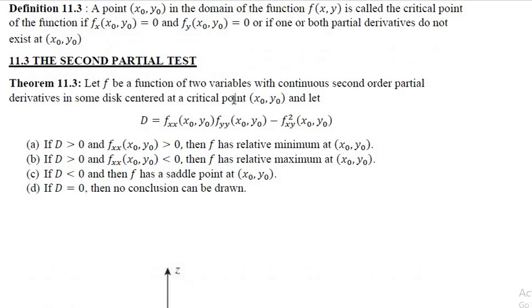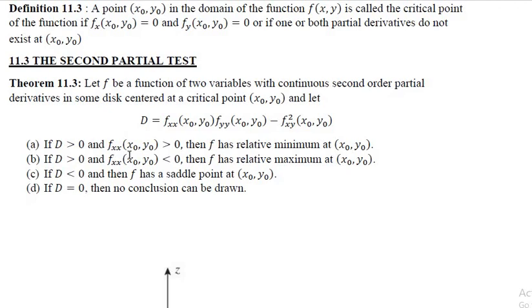For finding the relative extrema of functions, we are using the second partials test. It states that, let f be a function of two variables with continuous second order partial derivatives in some disk centered at a critical point x0, y0, and let D equal fxx at x0, y0 times fyy at x0, y0 minus fxy at x0, y0, the whole squared.